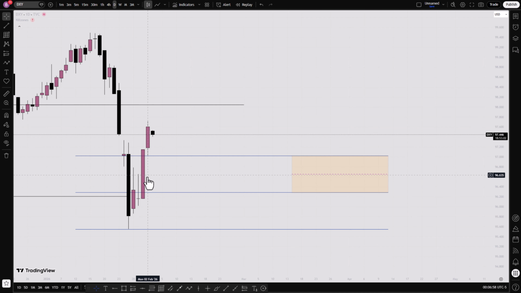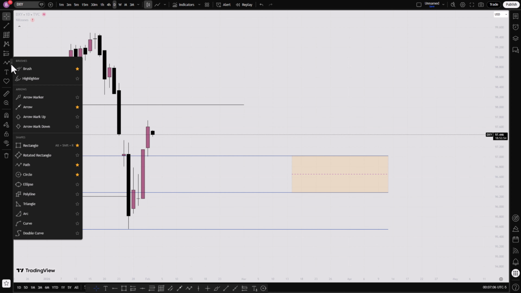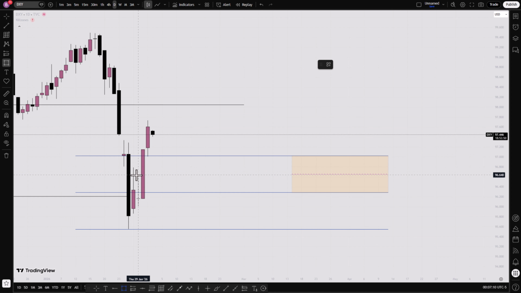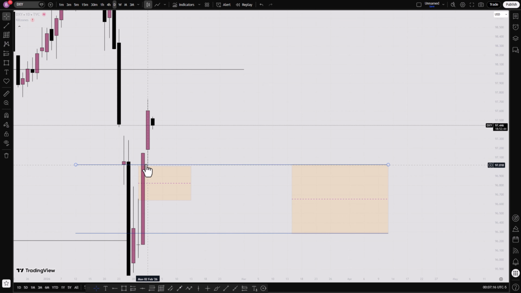On the weekly, we have this upper half of the week, and here we have a fair value gap. But price did not enter into the fair value gap. So if we mark the fair value gap, we see price has not entered into it. And we see yesterday, price created this fair value gap Monday.